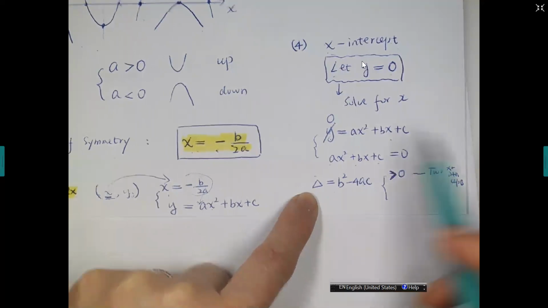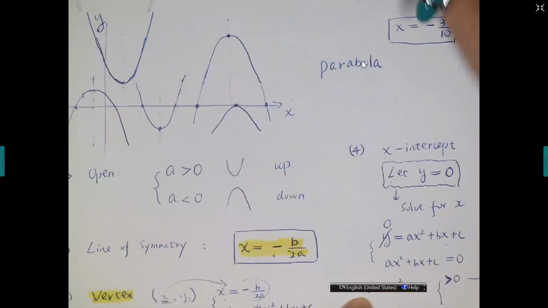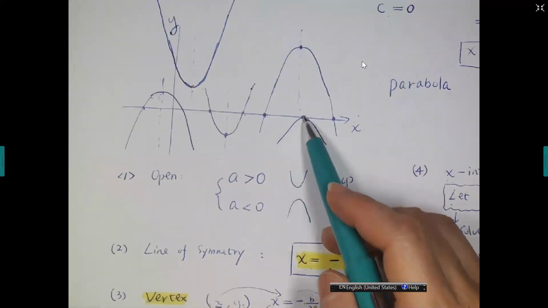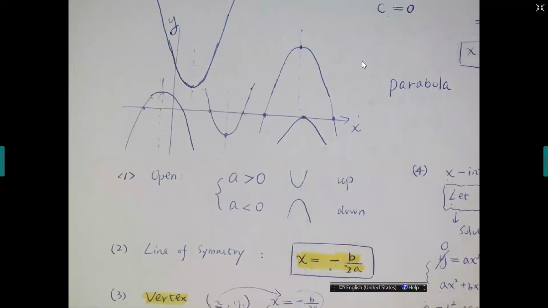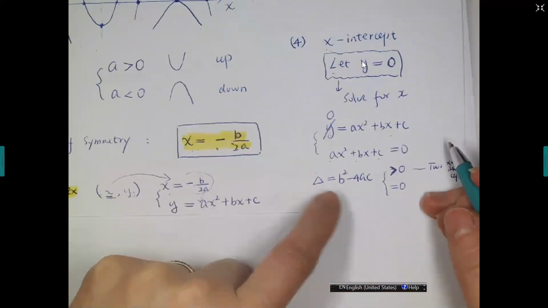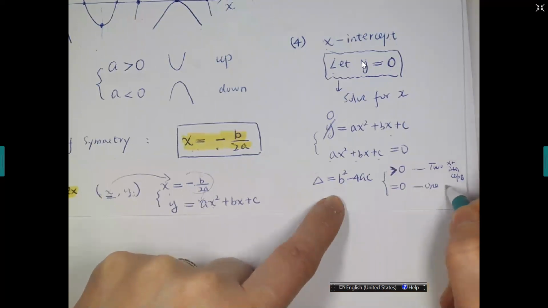It crosses, it will be the parabola like those three. If this delta is exactly equal to 0, that will be this case. This quadratic equation will have two same solutions, or we can say it has just one solution, one root, which means it will have just one x-intercept.